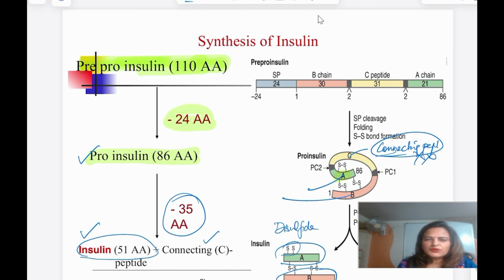Synthesis happens within the beta cell, and of this 51 amino acids, the A chain constitutes 21 and the B chain 30. So remember, 30 amino acids in the B chain and 21 amino acids in the A chain.